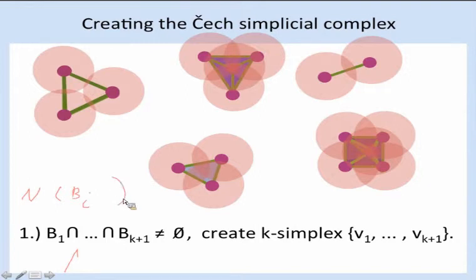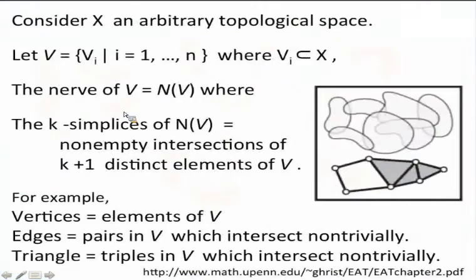So that would be if the balls intersect, we fill it in. If the balls don't intersect, we don't fill them in. So that's a standard way of creating a triangulation as well, based upon balls that we'll see in a variety of different circumstances too, where our k simplices are just whenever we've got a non-empty intersection of k plus 1 distinct elements.